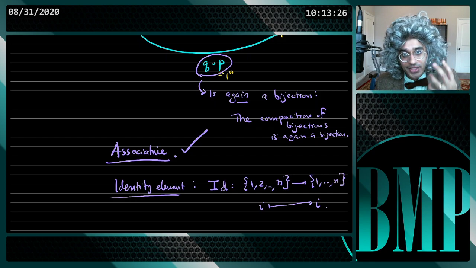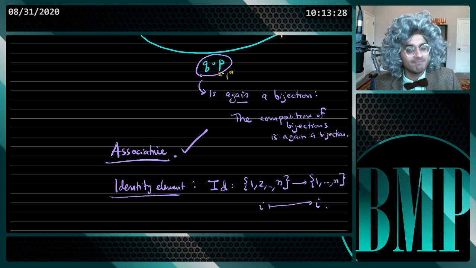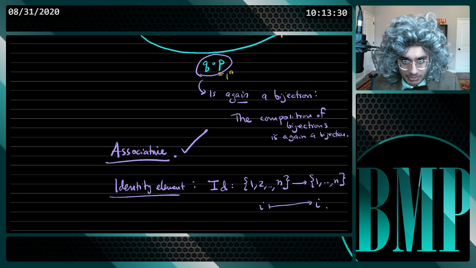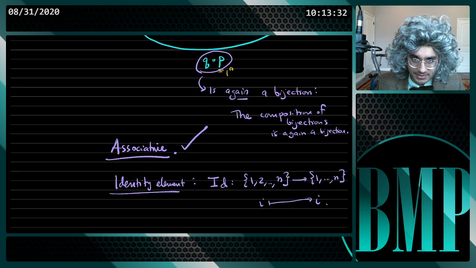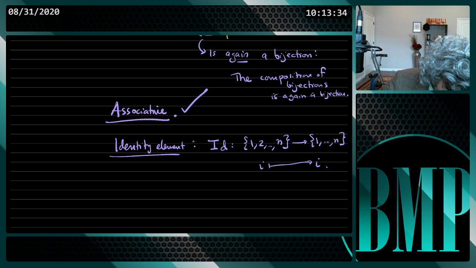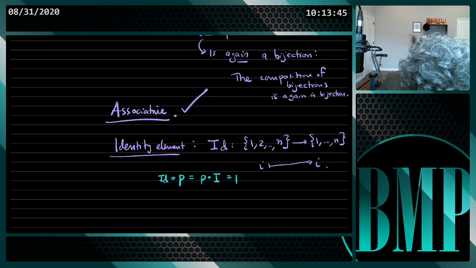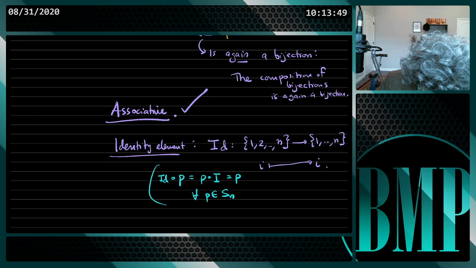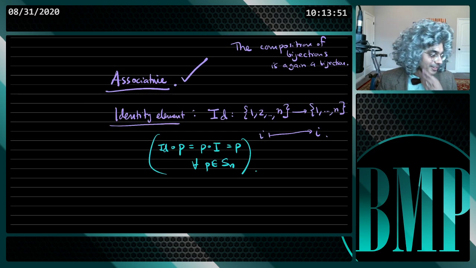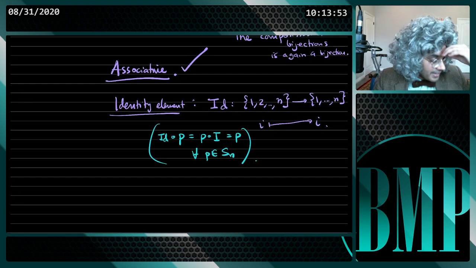That thing, you compose it with any function, you get the original function back. Very simple. So I'll write that. P composed with identity equals identity composed with P equals P for any P.